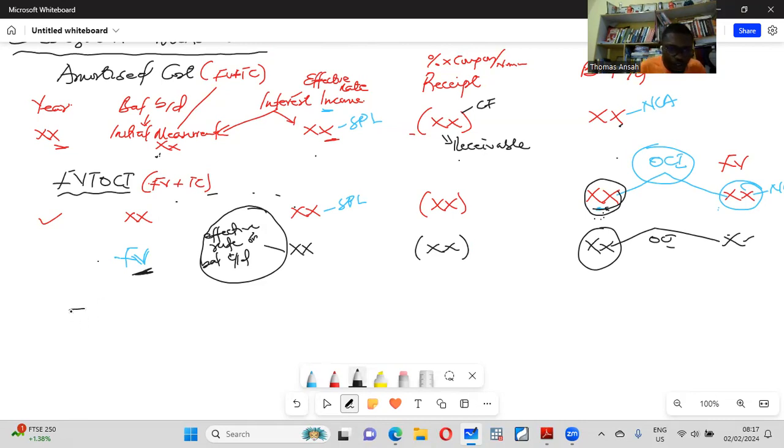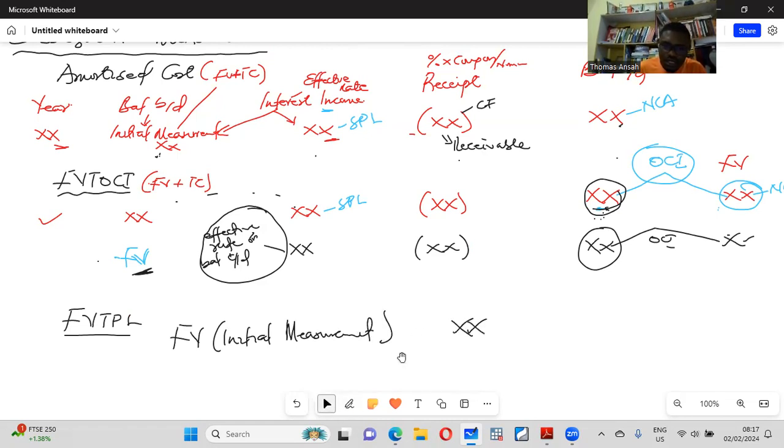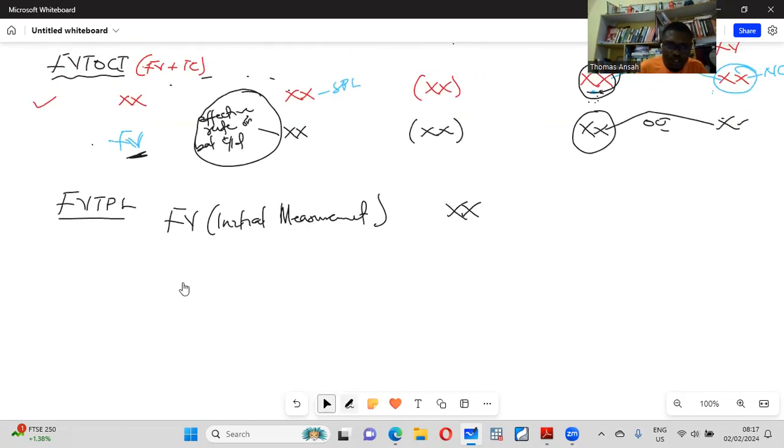What about if it is fair value through P&L? For fair value through P&L, there is nothing you do. All you need is the fair value, the initial measurement fair value. Then the fair value that the question has given you at the closing, so the closing fair value at reporting date.